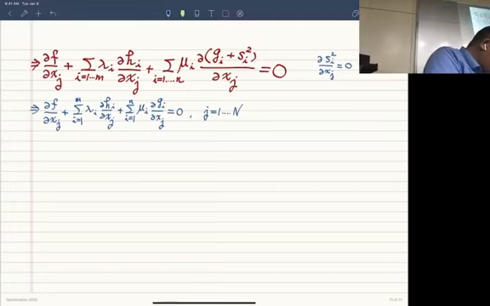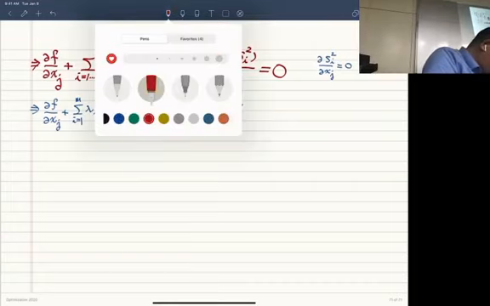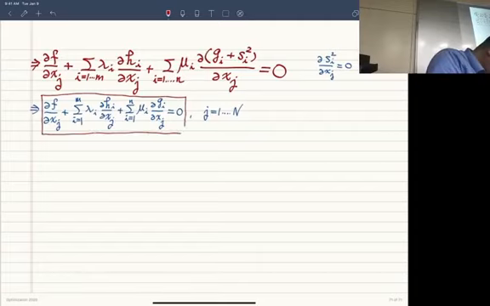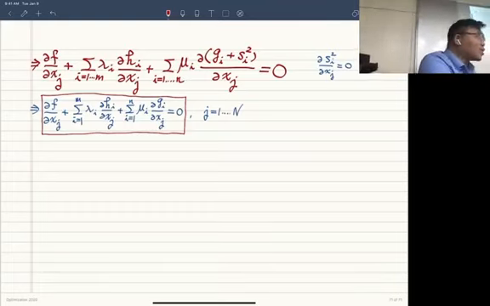Oh, this is a very important one. Let's draw a box. So when we introduce our slack variables, actually they are still variables of our problem, right?